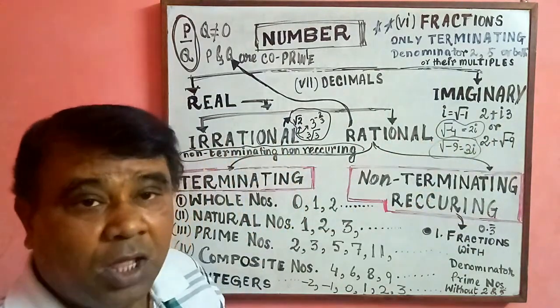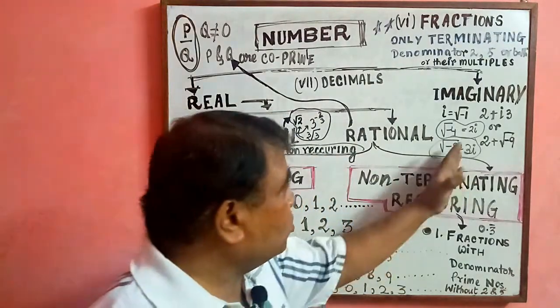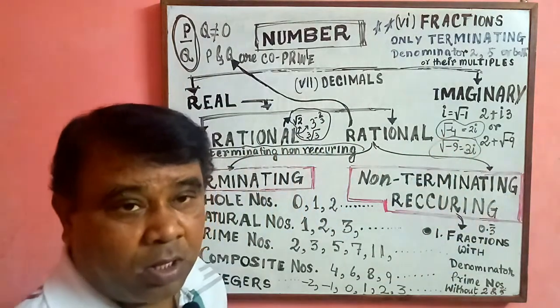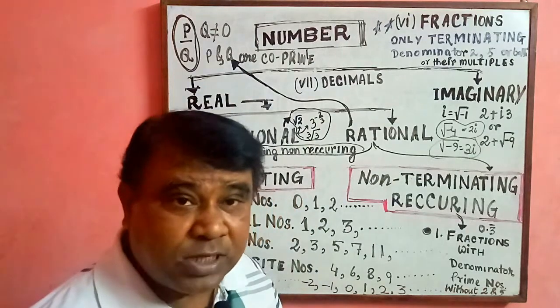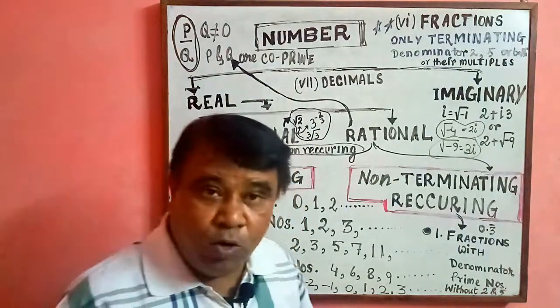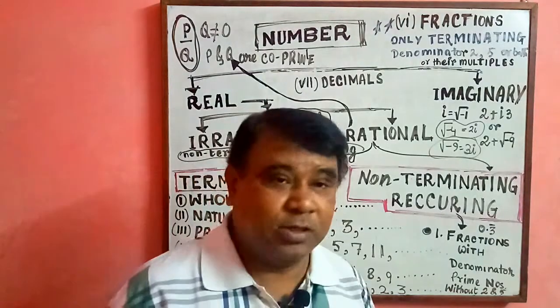Like under root minus 4, we cannot give an answer to this question till 10th standard. Because we know the square root of 4 is either plus 2 or minus 2.